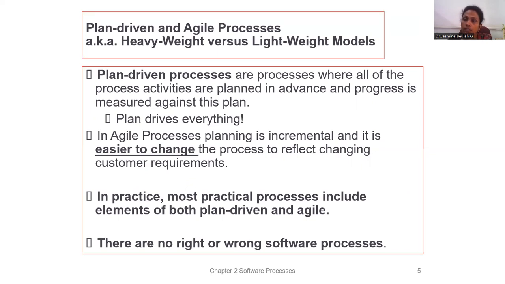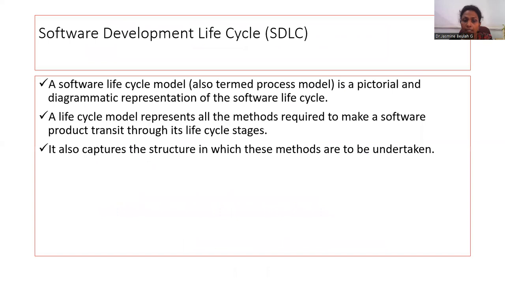So in agile process, based upon the changing customer requirements, the process planning is incremental. And you will also come to know whether the software that is being built is right or wrong. So these are all the software processes and the software process descriptions which are involved in building a software system.